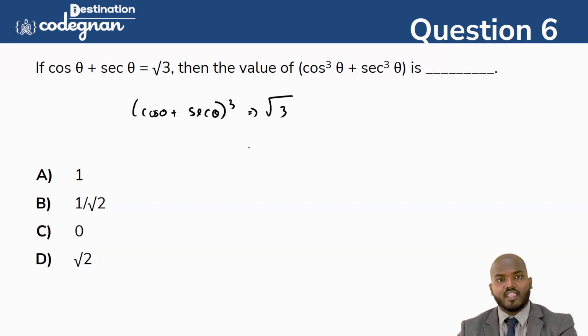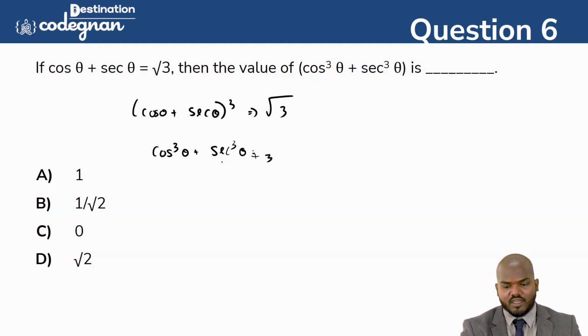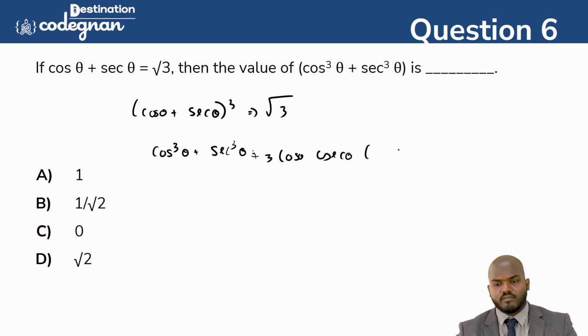Once you write this one, I can make the terms, that is cos cube theta plus secant cube theta. What's the formula for that? That is a cube plus b cube plus 3 times ab, that is cos theta times secant theta, times cos theta plus secant theta, I can write here. Okay, so this will give me what?